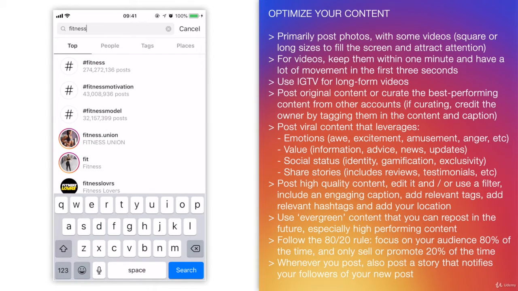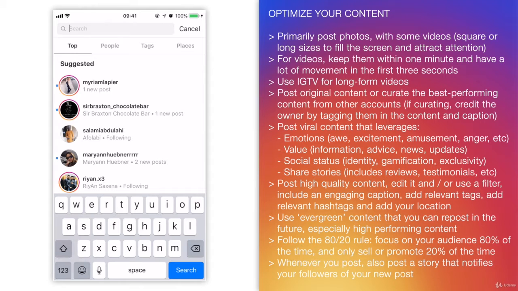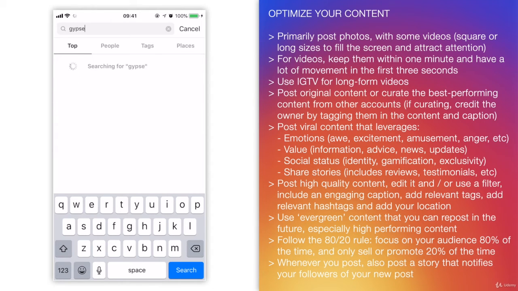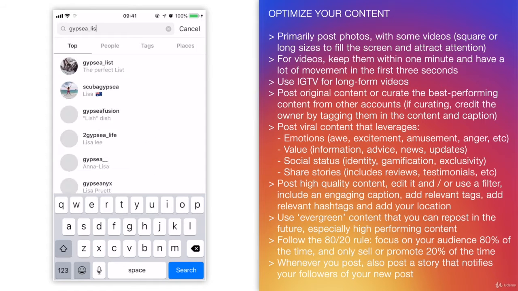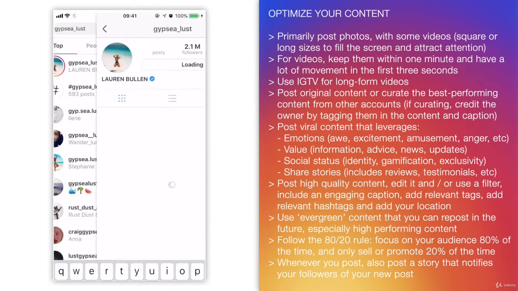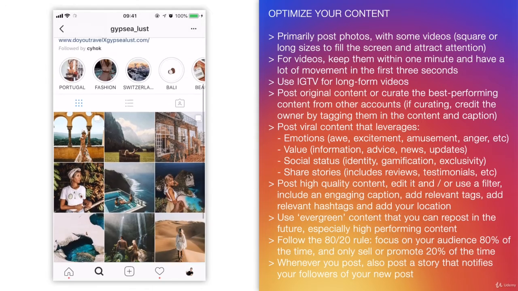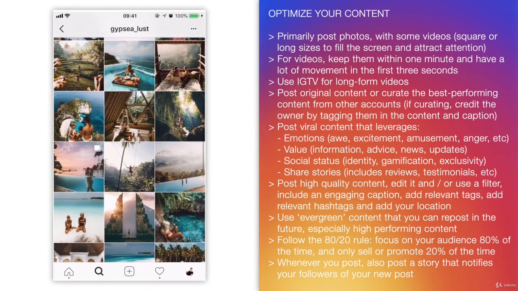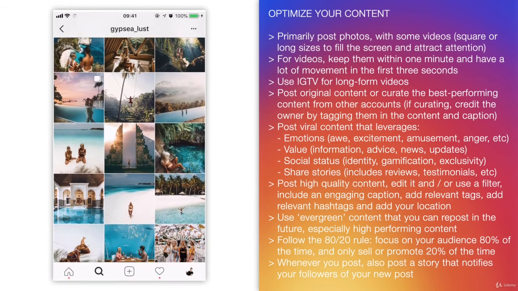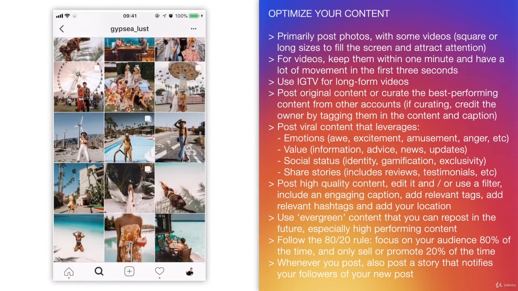So there's 4 different things that you can do to go viral. And the first one is target people's emotions. So if we go to Gypsy Lust, they're a really popular traveling couple. They go traveling a lot. They post stunning photos of their destinations and their romance and love story, whatever it is. They post loads of great photos like that.